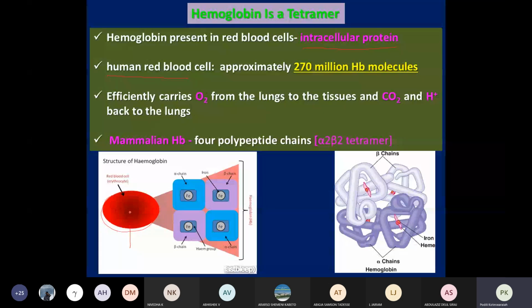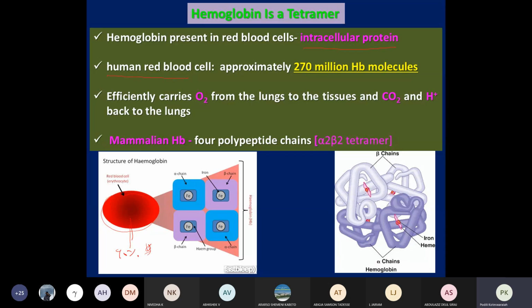So that means 90% of the weight of the red blood cell is constituted with only hemoglobin molecules. That is the major component present in the red blood cell.